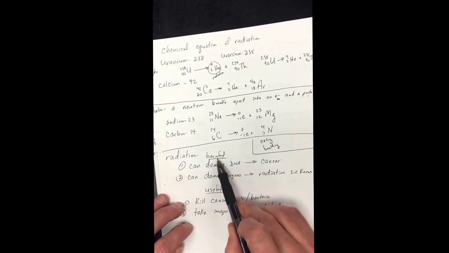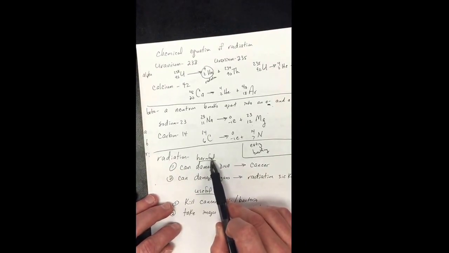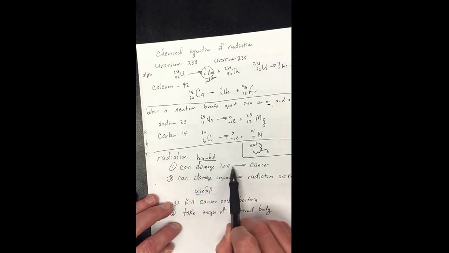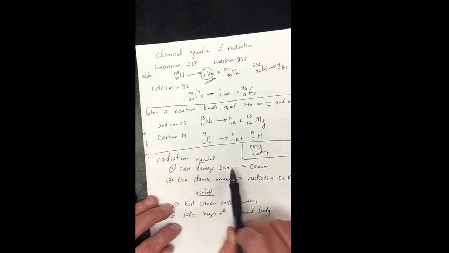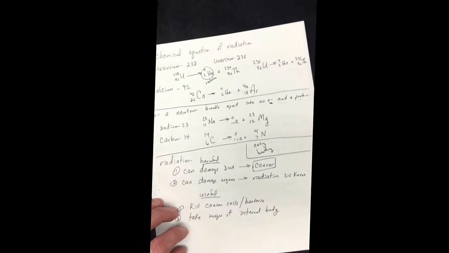Now, there are 2 ways that radiation is harmful to us or any other organism. It can damage DNA, and when a cell with damaged DNA replicates itself, it usually results in a bad cell that doesn't work properly and multiplies fast, and that, basically, is what cancer is.